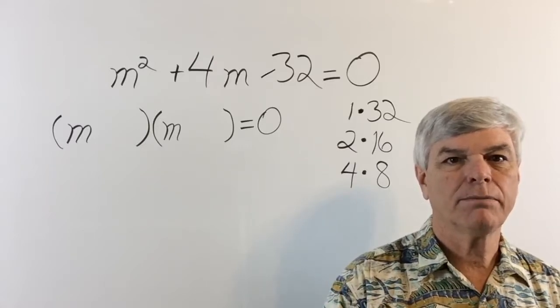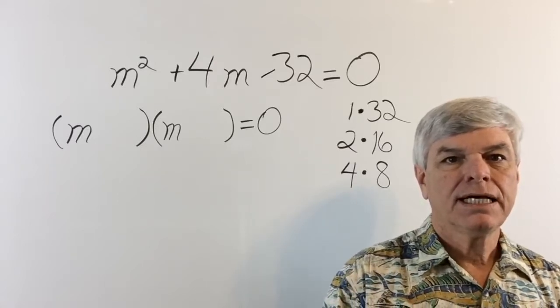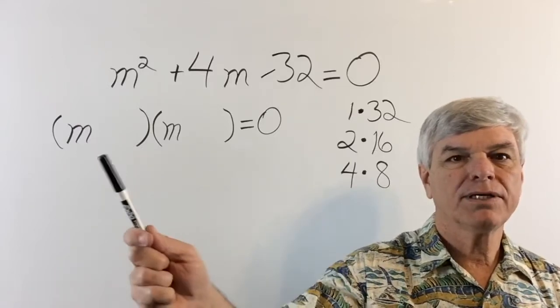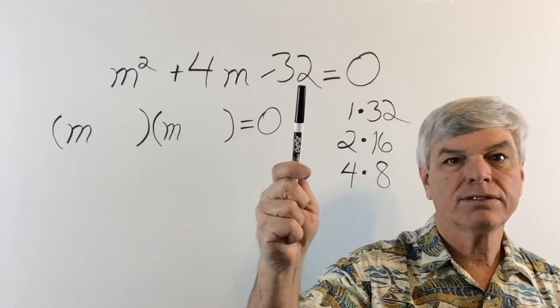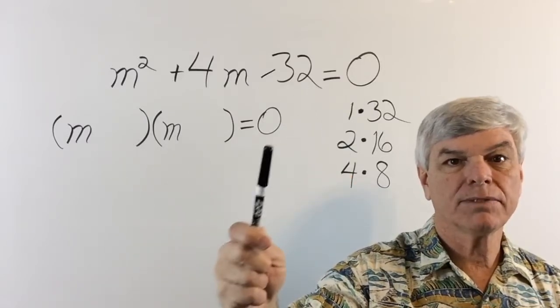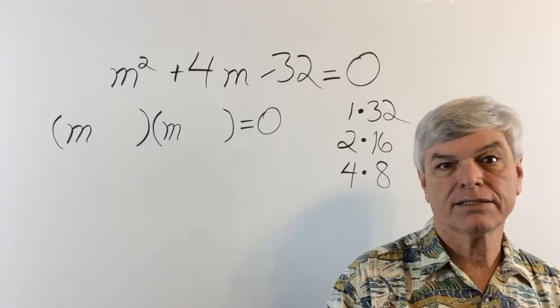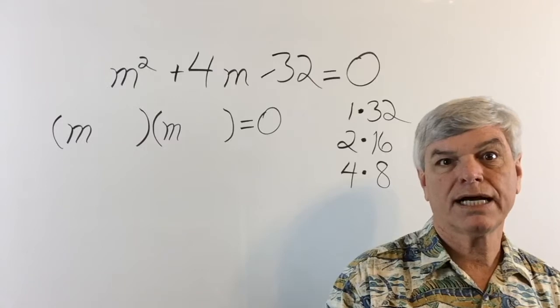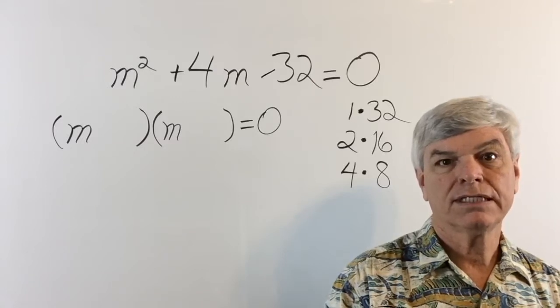Those are our only possibilities. And I need to insert them into my binomials. Now I had a trinomial up here that equals 0. Now my two binomials are going to equal 0, just like the previous problems, except they'd done all the work for us, and now we have to do the work ourselves.